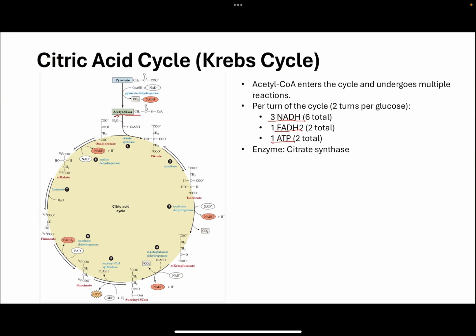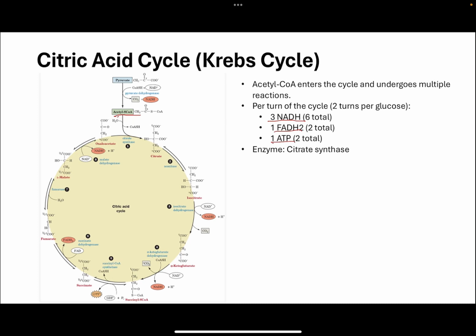For each acetyl-CoA molecule, the cycle generates 3 NADH, 1 FADH2, and 1 ATP. Since we have 2 molecules of acetyl-CoA, we double these numbers.